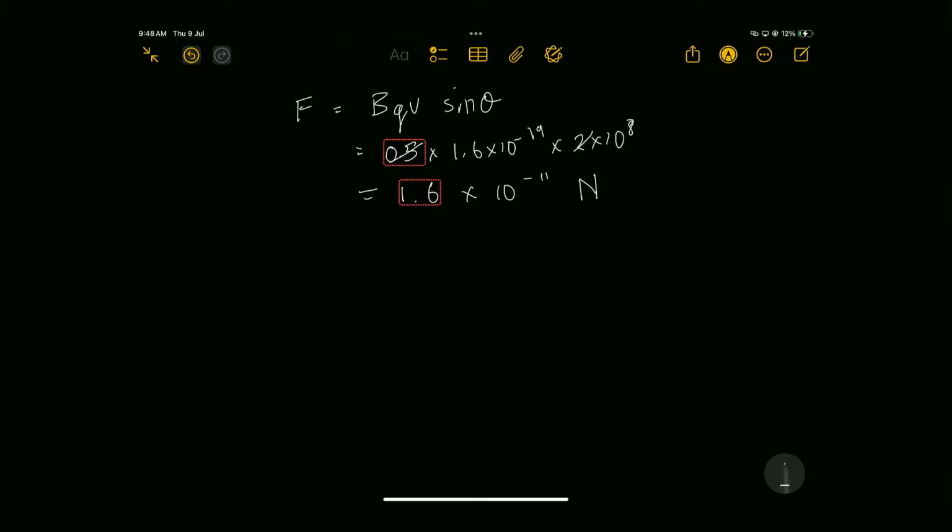And we can write BQV is equal to mv squared over r, right? The formula for the centripetal force is mv squared over r. Now this v cancels with the v squared, so now we can write r is equal to mv over BQ.